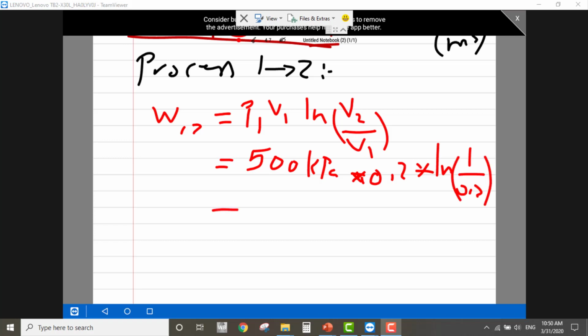This is expansion, so the work from 1 to 2 will be positive. The answer is positive 160.9 kilojoules. So this is work 1 to 2.